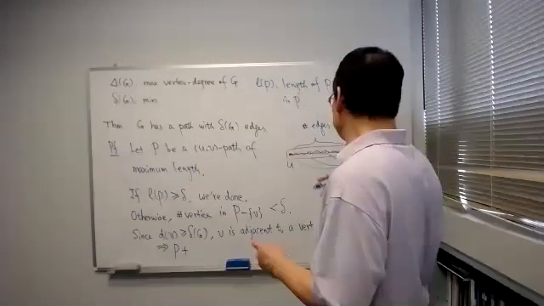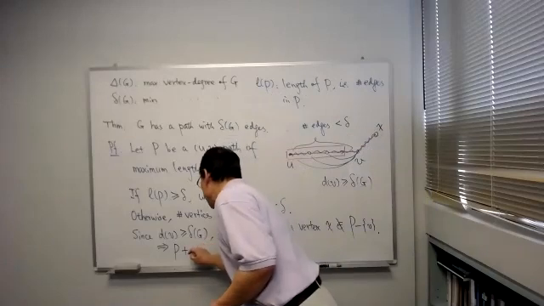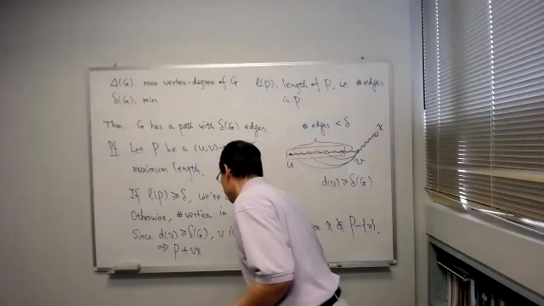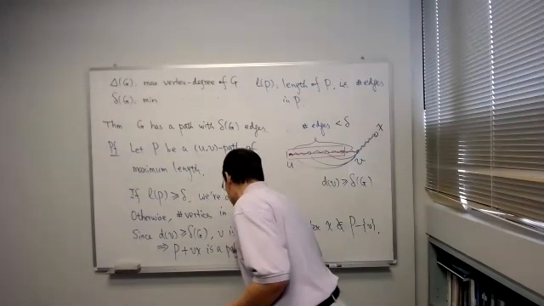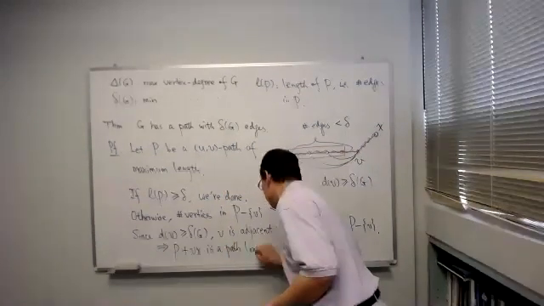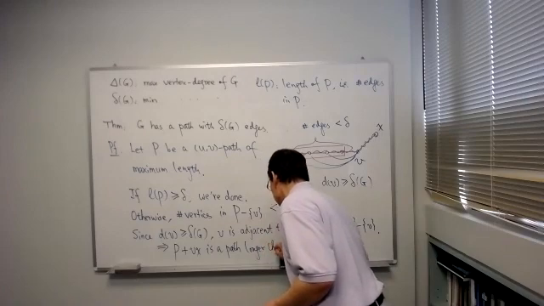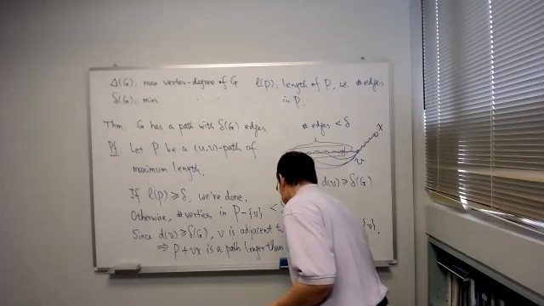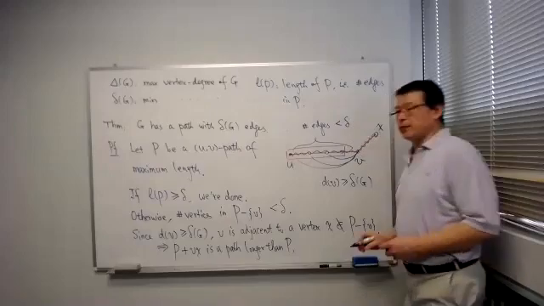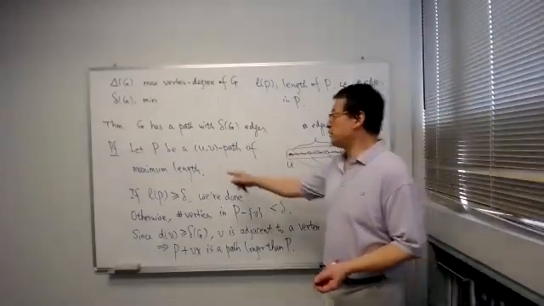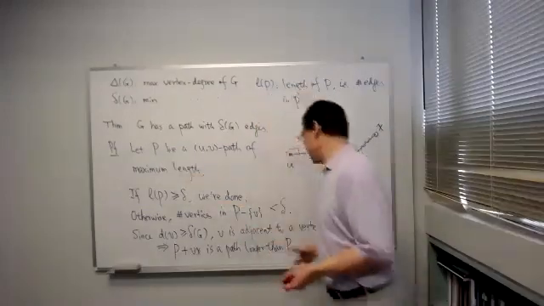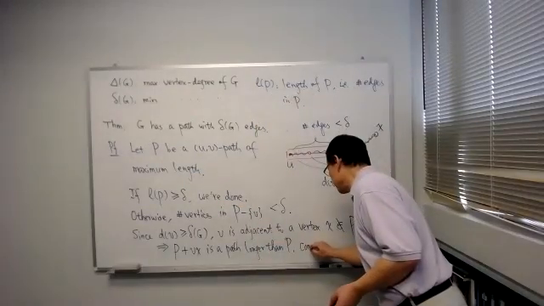Notation, Wednesday we discussed these notations. Dx, say, this one is longer than P. So we get a path longer than P. So that's a contradiction to the assumption that P is the longest path. So here we get the contradiction.